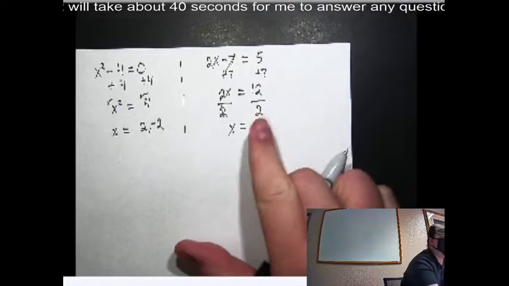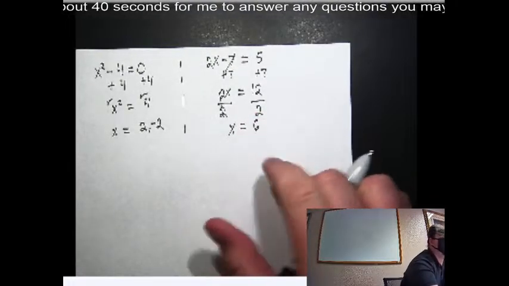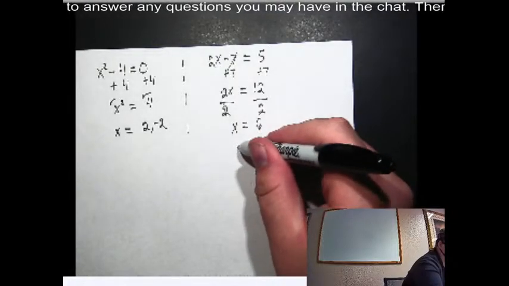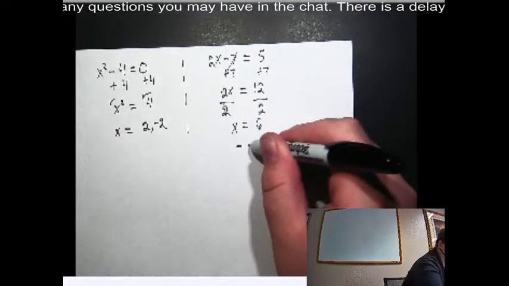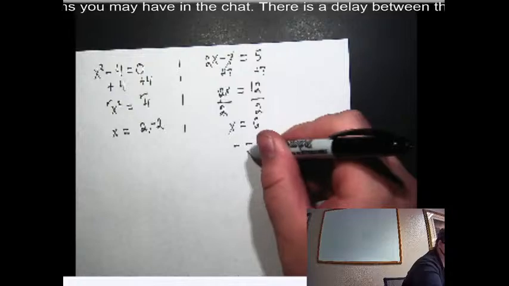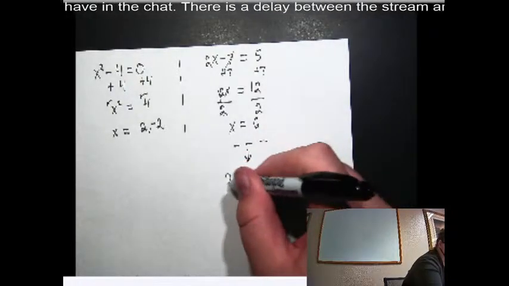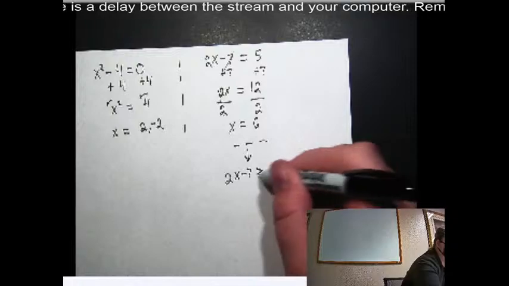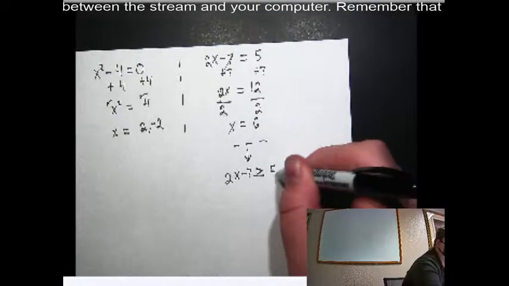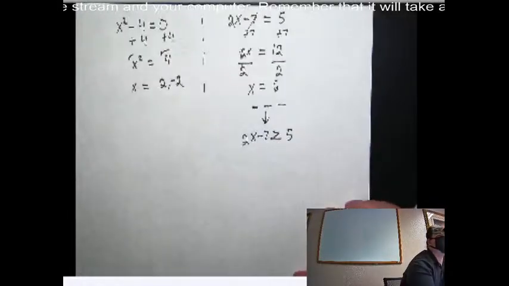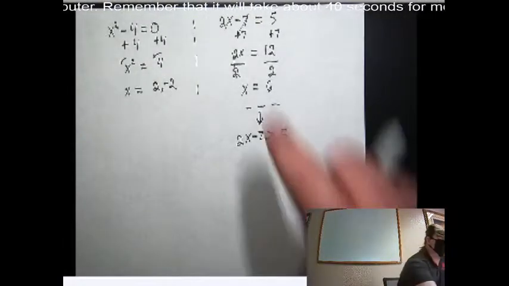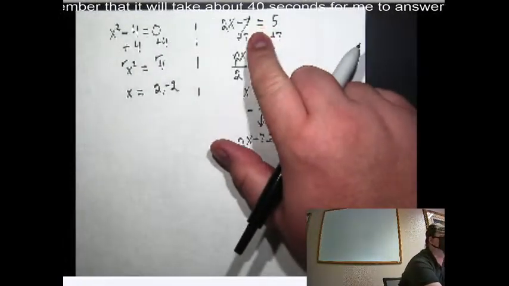Now let's change one thing about this equation. Let's make this 2x minus 7 is greater than or equal to 5. So we're going to just change one thing. Remember, what we've said about equations is that equations show perfect balance.